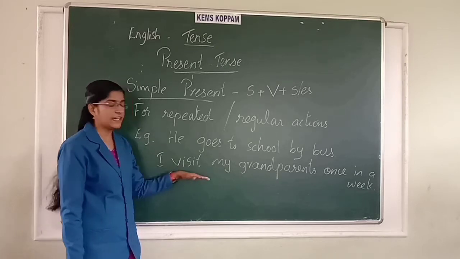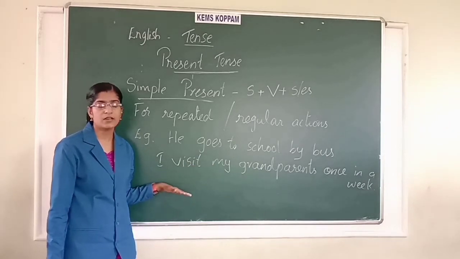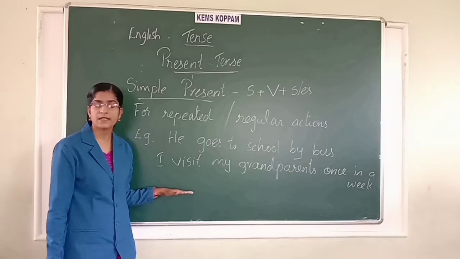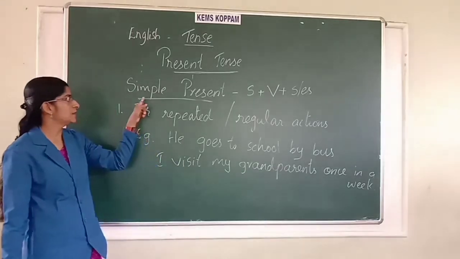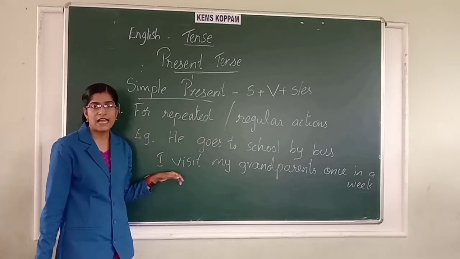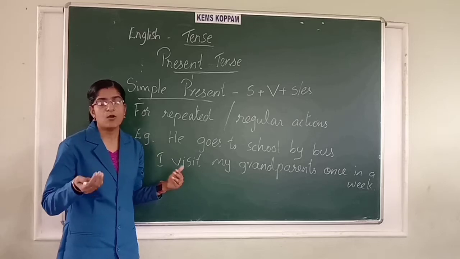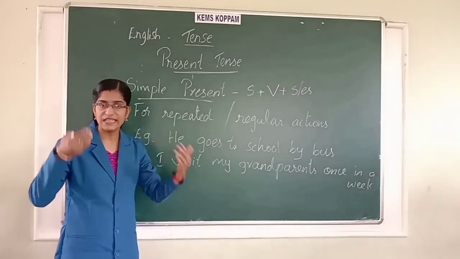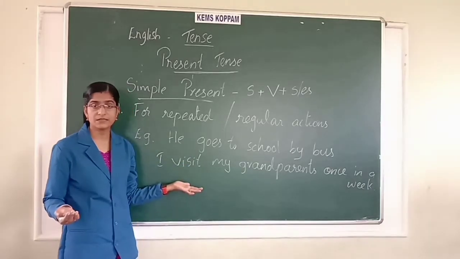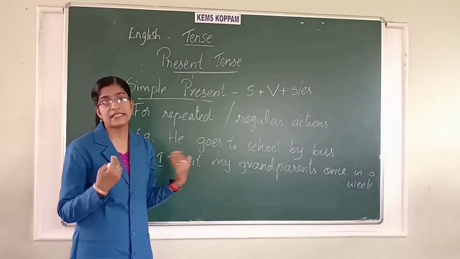Every Sunday, I go to a movie. Or every Sunday, they go to the park. Clear? So, the first use of simple present is for repeated or regular actions, the actions that we are repeating always, or doing daily, or once in a week. John visits Ooty once in a year.